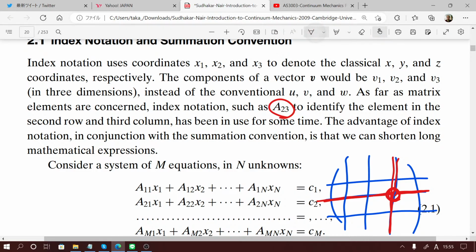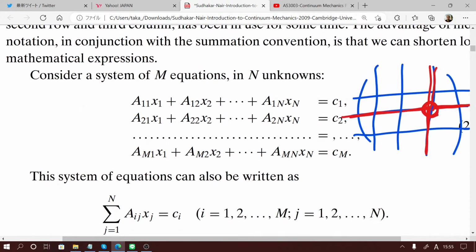So you have this: a11 x1, a12 x2, and so on, a1n xn equals c1; a21 x1, a22 x2, and so on, a2n xn equals c2; am1 x1, am2 x2, and so on, amn xn equals cm. This system of equations can also be written this way.